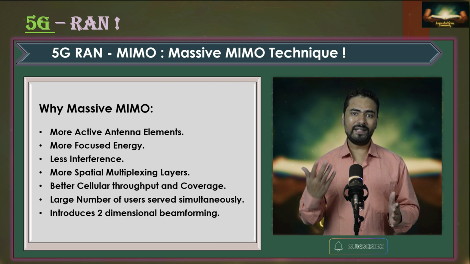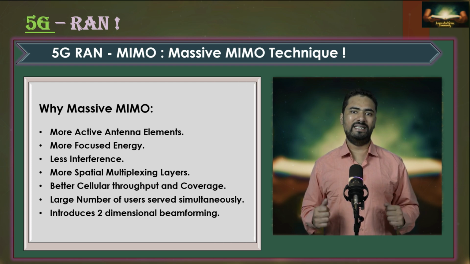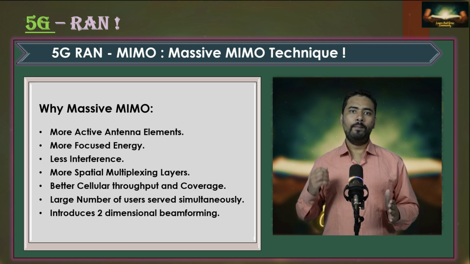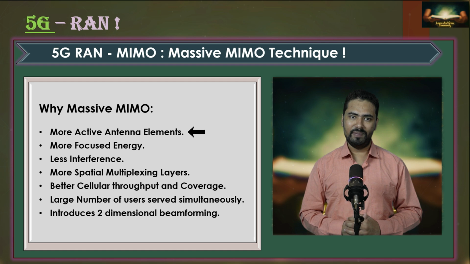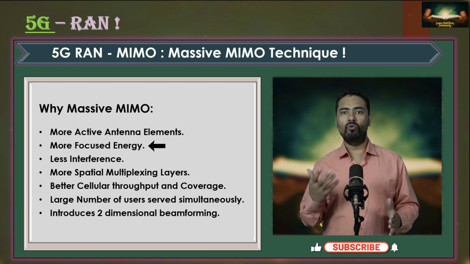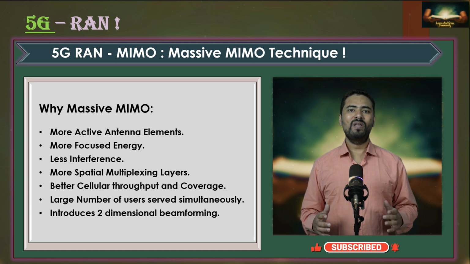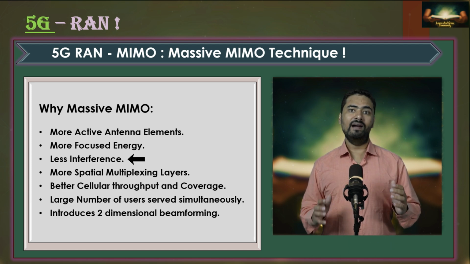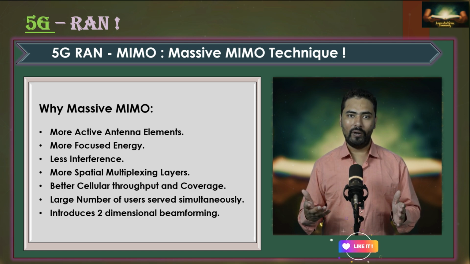So here is a quick summary of the key benefits of using massive MIMO in 5G RAN. Number one, massive MIMO systems have a larger number of active antenna elements. Number two, massive MIMO allows for more focused energy to improve signal strength. Number three, high intensity beamed signals are less impacted by interference, so there is better signal quality.